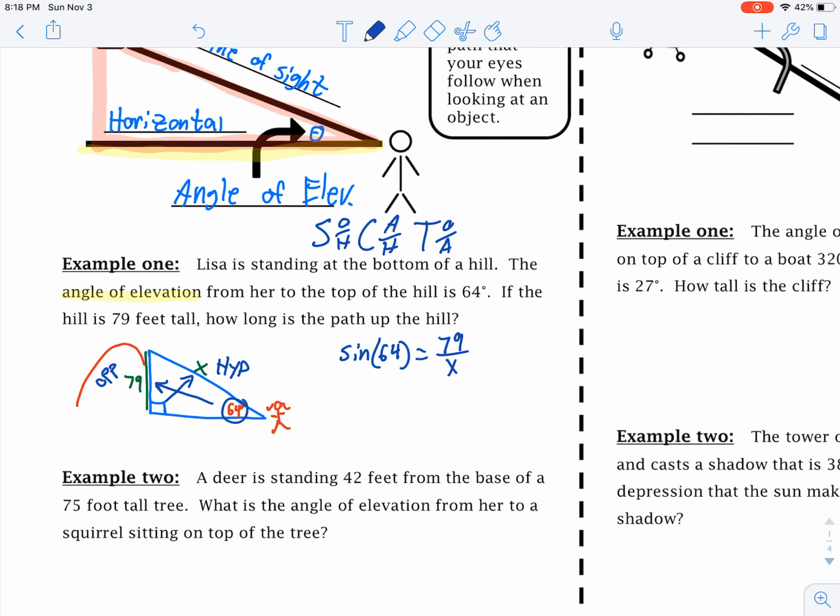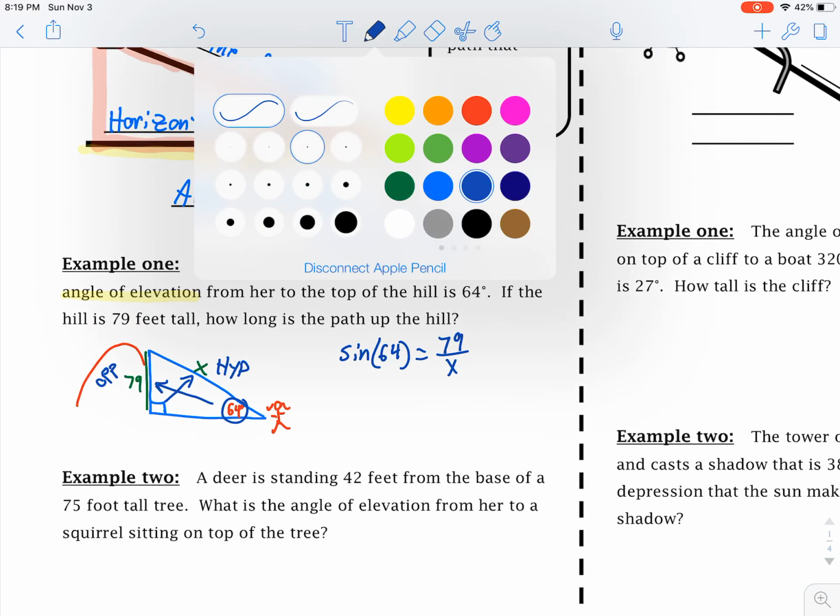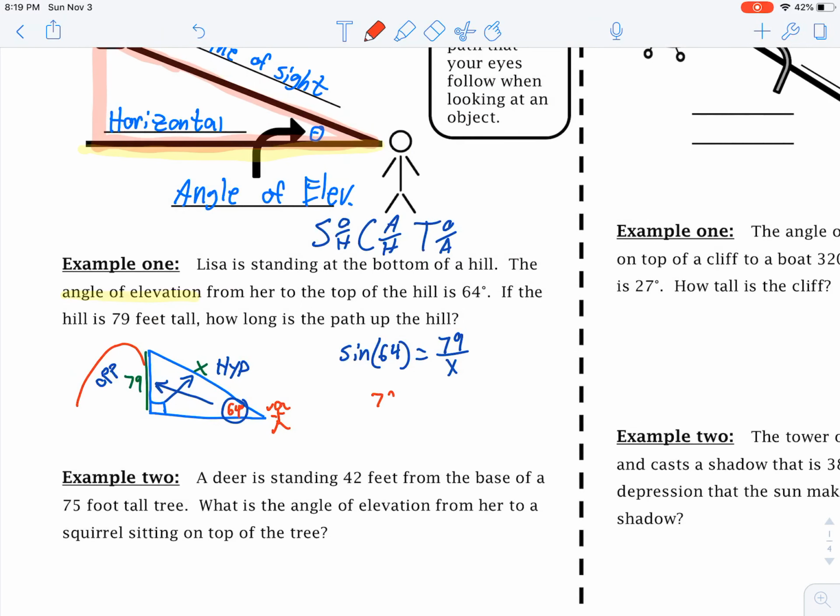Okay, so x is where? Up high, down low, or inside? x is down low, so we divide, so we do 79 divided by sine of 64 equals x.